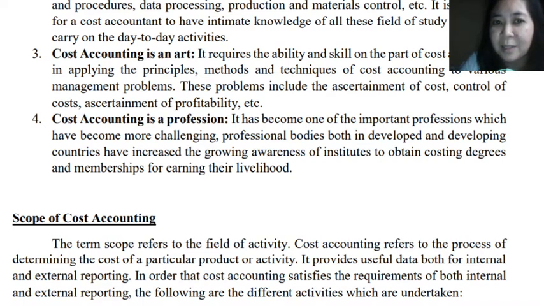So that's how cost accounting has become a profession. So those are the different natures of cost accounting.